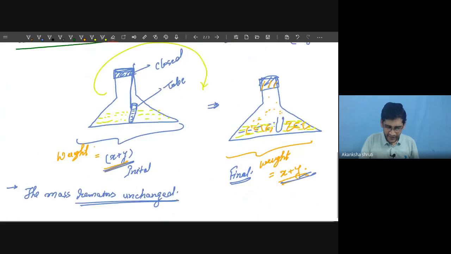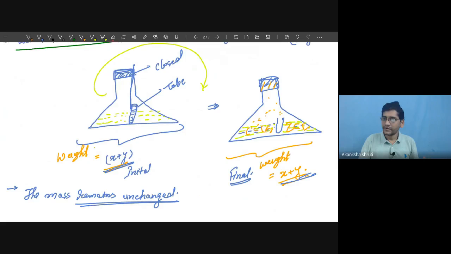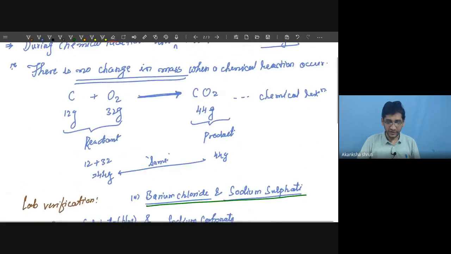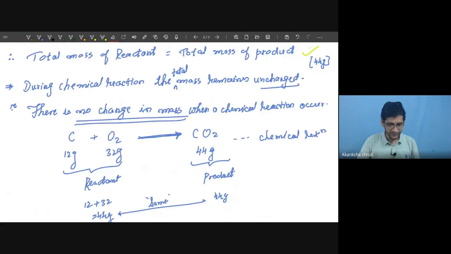You have to weigh it after mixing the two, and once before mixing the two. You will observe that the weight after mixing is the same as the mass before mixing. So this way we can verify that the law of conservation of mass is followed during the chemical reaction.